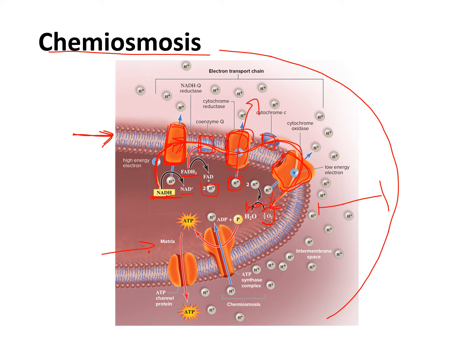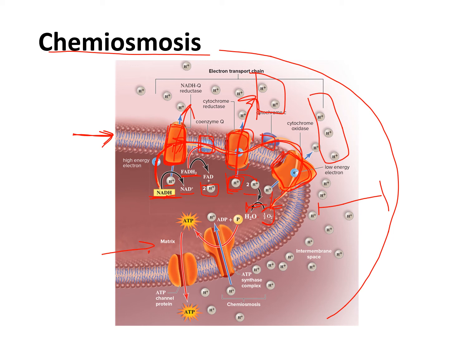And these proton pumps are going to pump the hydrogen ions across the membrane. And this is a form of active transport because you are moving molecules from an area of low concentration to an area of high concentration. So that will result in building up a very high concentration of hydrogen ions in this intermembrane space.